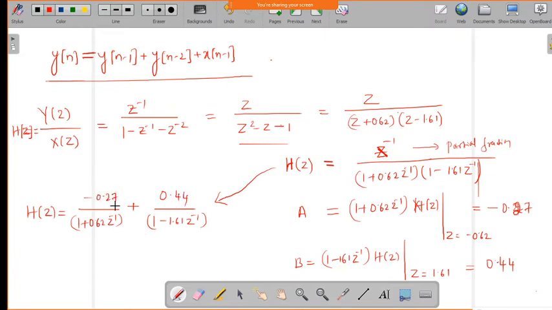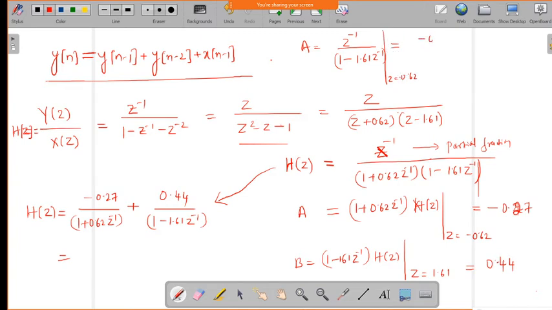Just check it once. I don't have the values for this, so I'll take these as the proper values, and you can evaluate it as well. So just we will evaluate by confirming. This will get cancelled, and you will get z power minus 1 divided by 1 minus 1.61 z power minus 1, evaluated at z equal to minus 0.62.